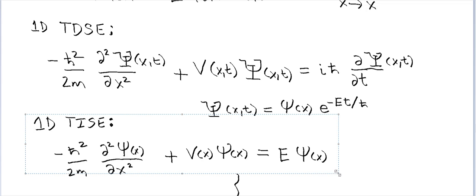The version of the Schrodinger equation that we will spend much more time on is this one: minus h bar squared over 2m times d squared psi of x dx squared, that's the second derivative with respect to x of psi of x, plus V of x times psi of x is equal to E psi of x.